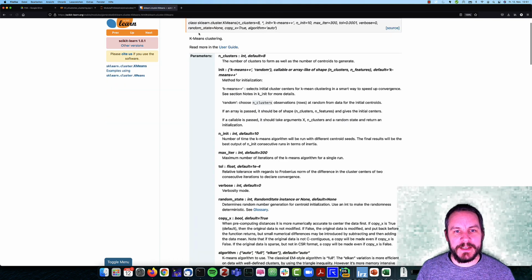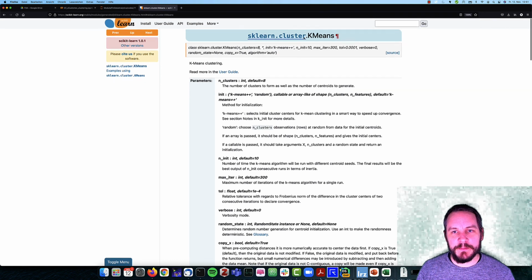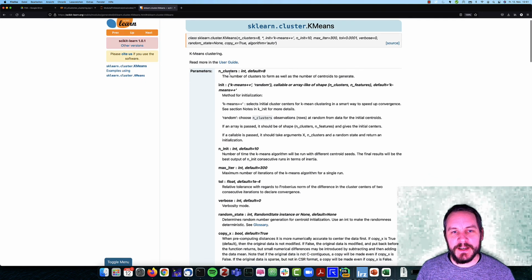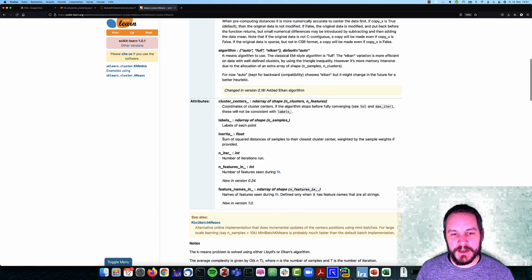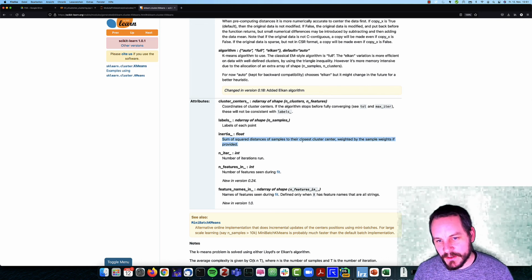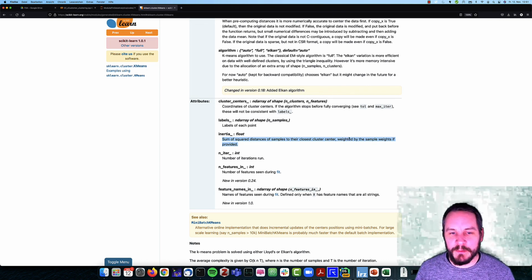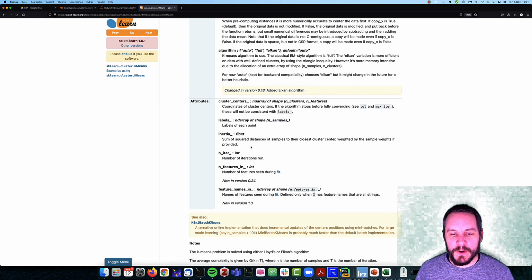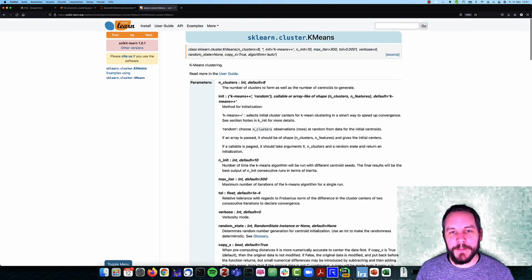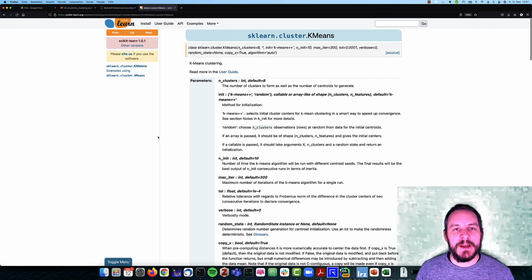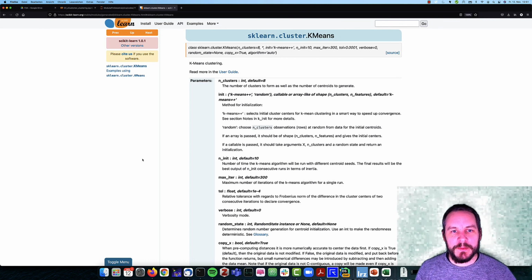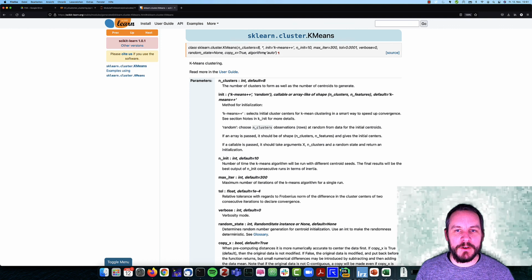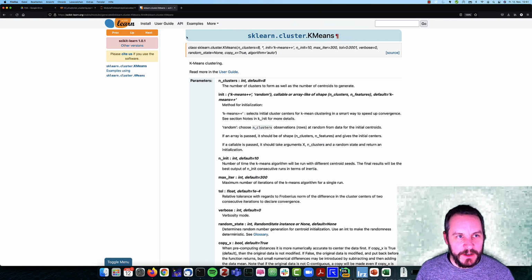And if you go on that, you will find the submodule and how it's defined, that you define here, for instance, the number of clusters, and that it will give you something like the inertia, so the sum of squared distances of samples to their closest cluster center, weighted by the sample weights if provided, and so on and so on. So as always, very useful and defined in a very similar way. So you should already be used to how you are handling and working with those functions.